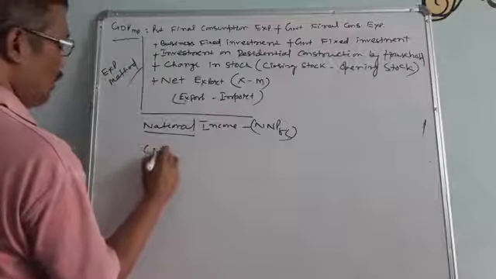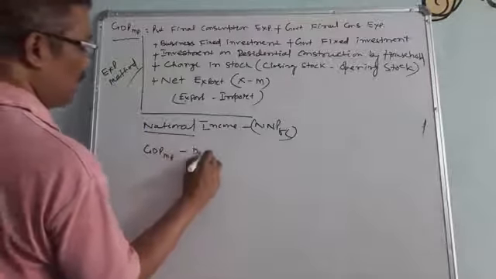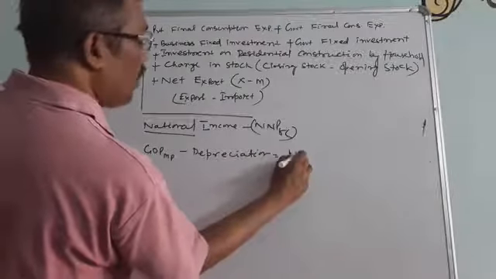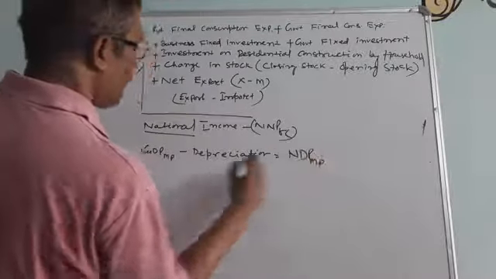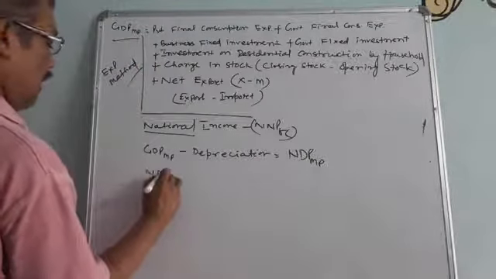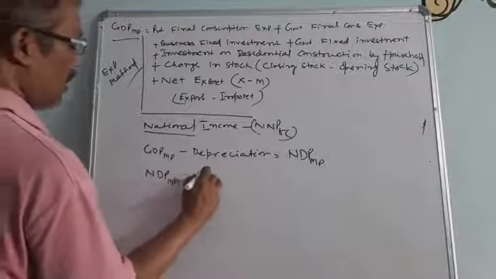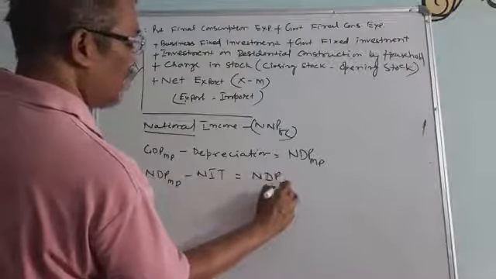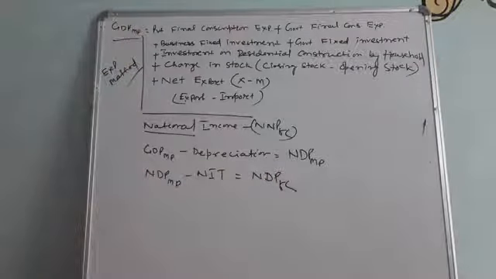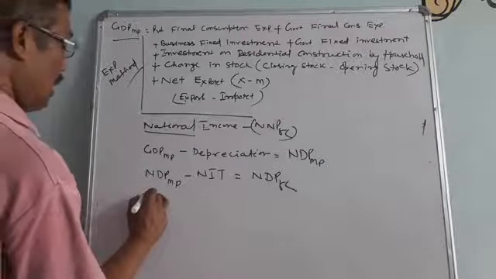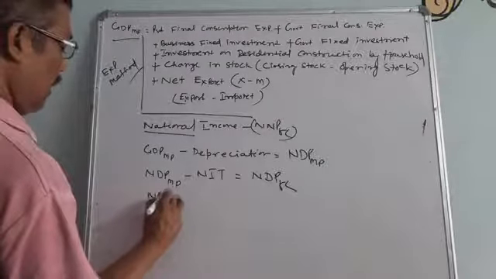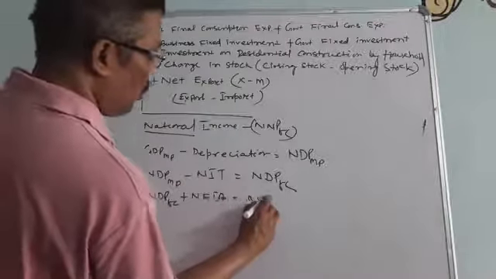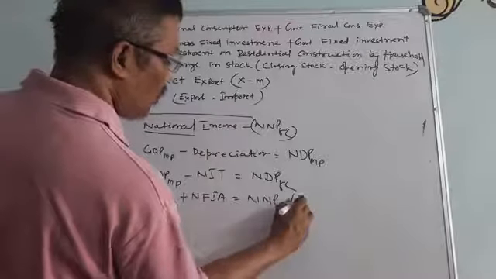GDP at market price minus depreciation equals NDP at market price, and NDP at market price minus net indirect taxes equals NDP at factor cost, and NDP at factor cost plus net factor income from abroad equals NNP at factor cost, which is called national income.